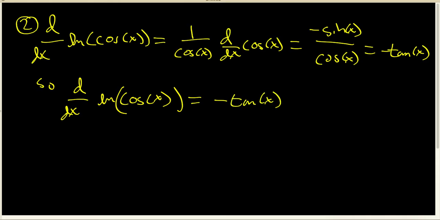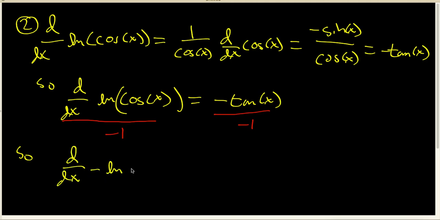And I want to isolate just a positive tangent on one side, so I'm going to divide both sides of this equation by -1. And when I do that, we get the derivative of minus the log of the cosine of x turns out to be positive the tangent of x.